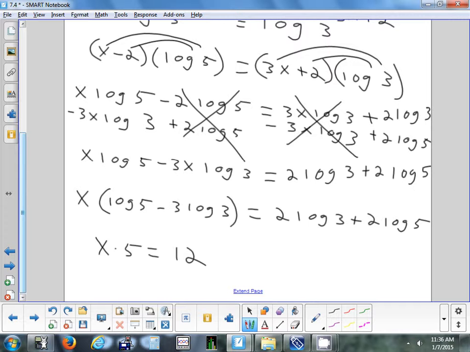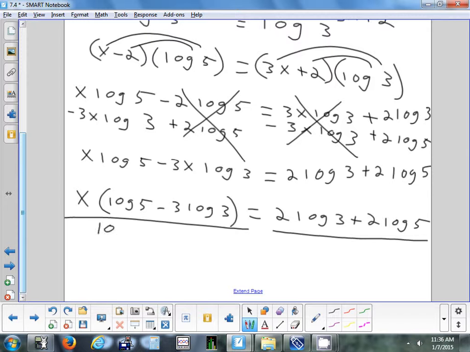What are you going to divide by? Well, in this problem, you divide by 5, but what about our problem? You're going to divide each side by whatever that number is.